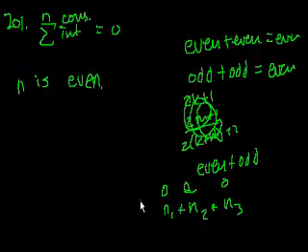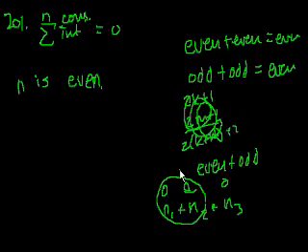If n is even, we're going to get the same number of evens and odds. For example, n could be 2, and we're going to have one even and one odd no matter what. This could be odd and this even, or this even and this odd. And if n is 2, which is an even number, an odd plus an even is an odd number.